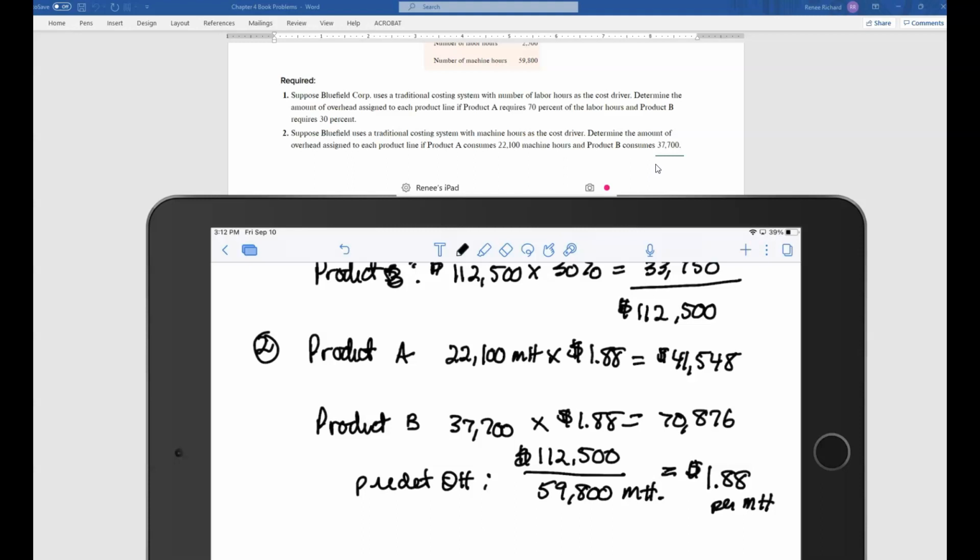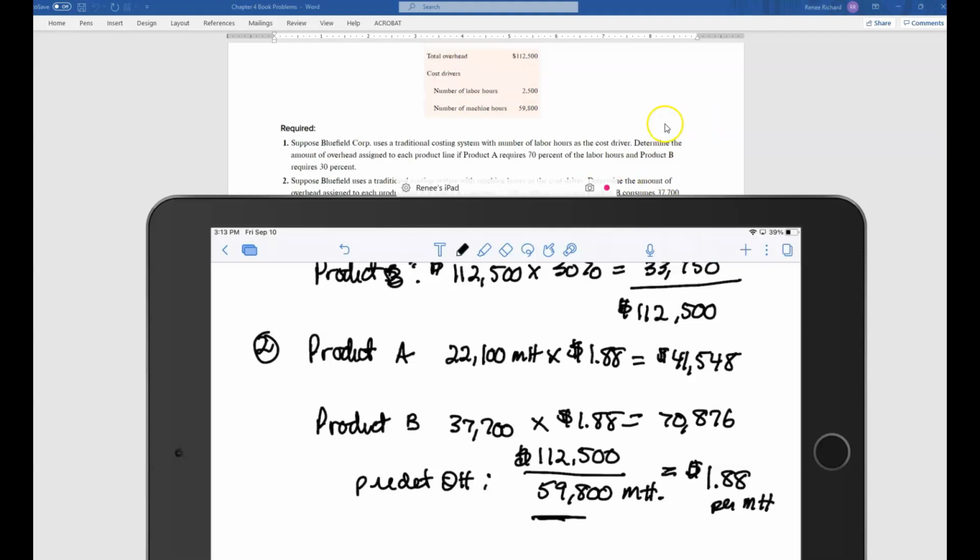And if you add those together, it's not going to add up to exactly 112,500 because of the rounding involved in the $1.88. And if you do the division and you don't take it out of your calculator, it's going to carry all of the decimal points behind the scene and make an even bigger difference. So be careful.